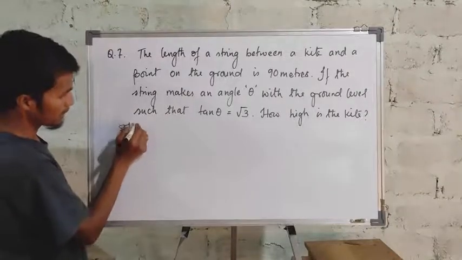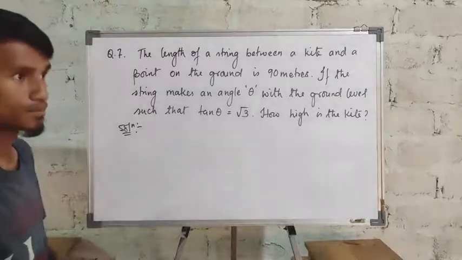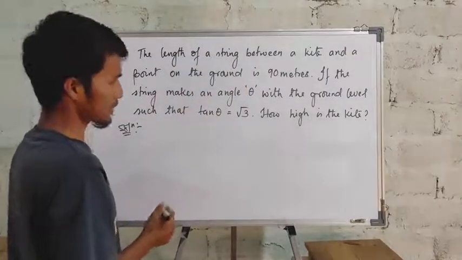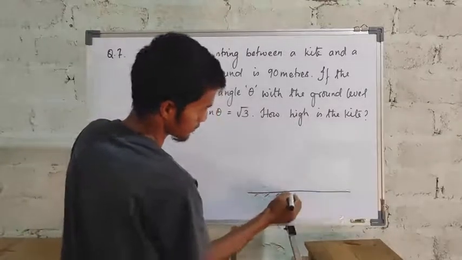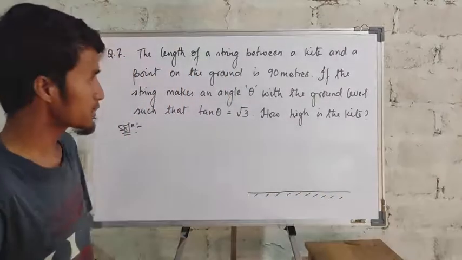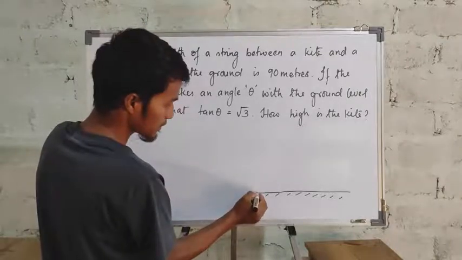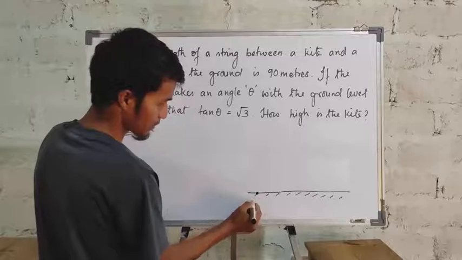Okay, solution. Now again, here we need to draw the diagram. Once we get the diagram, then easily we can solve the question. Length of string between a kite and a point on the ground. Okay, consider this is the ground. Length of string means the length of the thread. Consider this is a point on the ground where the string of a kite is attached.